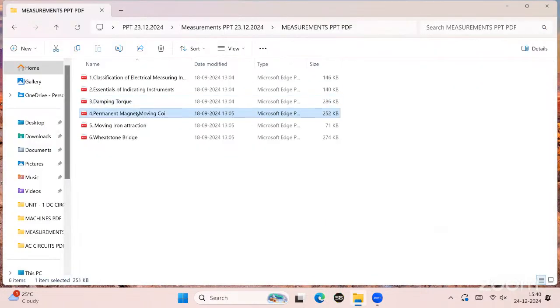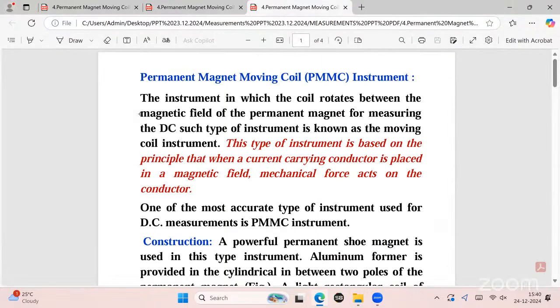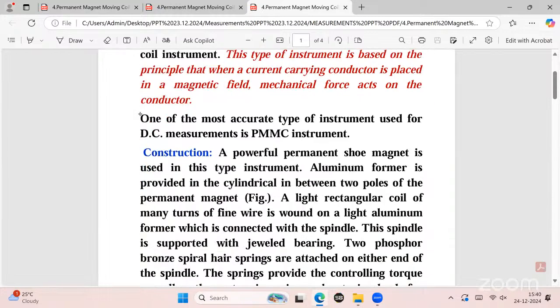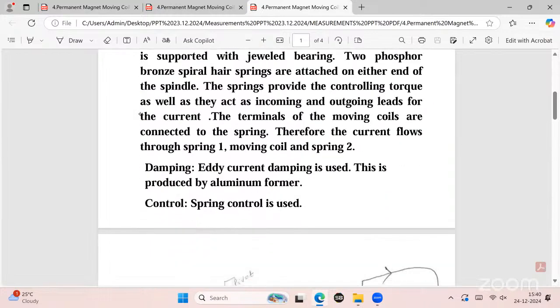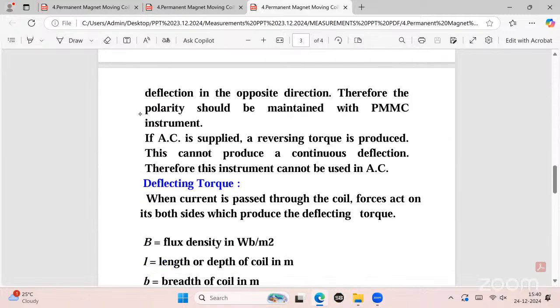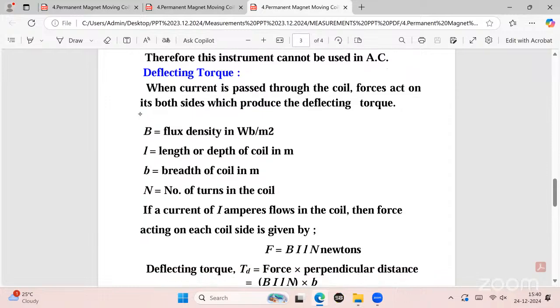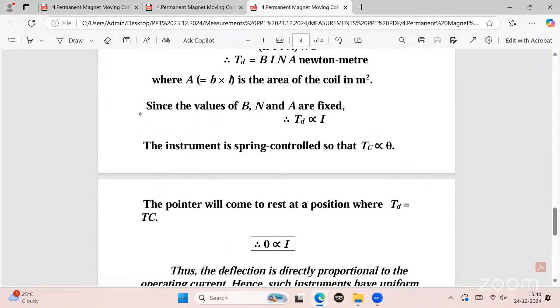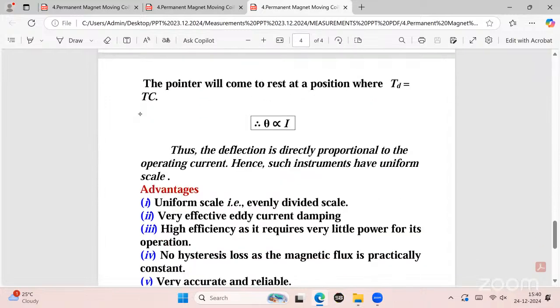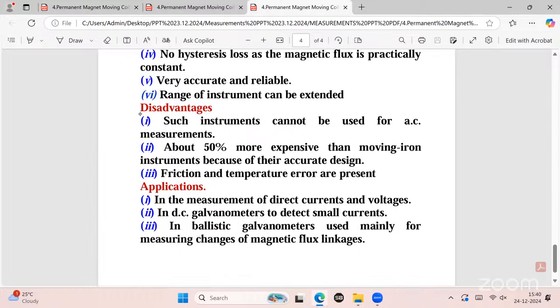Next one, PMMC. Construction, diagram, operation. Enough. If you want, you can also go for deflecting torque, advantages, disadvantages, applications.